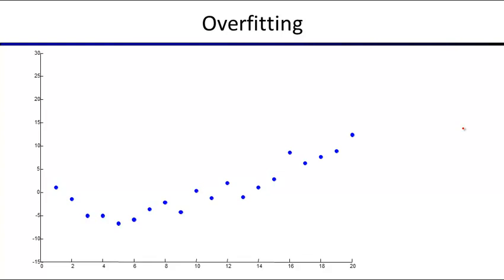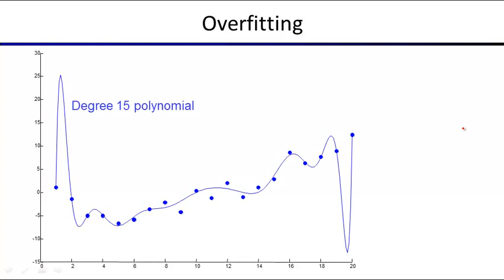I said, well, you have to be careful. If you have a polynomial of a very high degree, let's say a 15-degree polynomial, you could get something like this. It's doing really well on the training data. The error on the training data is 0 everywhere here, almost 0 here. So really good training data performance.